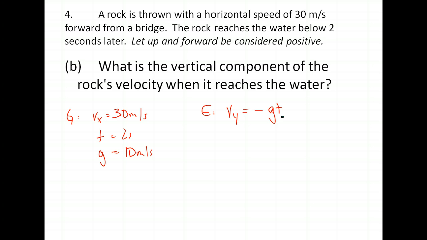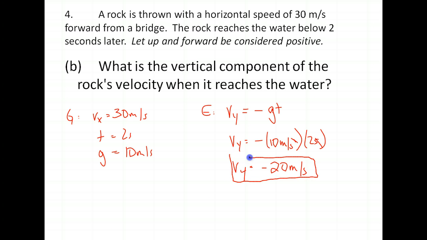And we're using negative this time because it is falling down, so we have to show that it is a downward motion. So Vy is going to equal negative 10 meters per second squared times our time, which is 2 seconds. So 10 times 2, our vertical velocity is negative 20 meters per second because our seconds squared and seconds cancel. So that one was actually pretty simple.